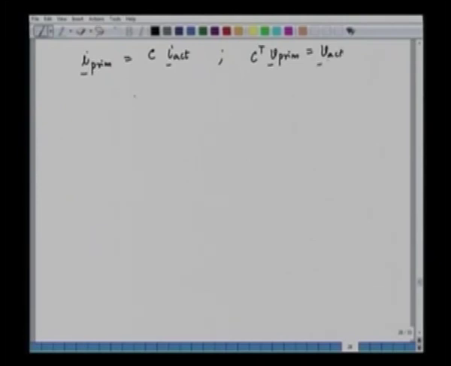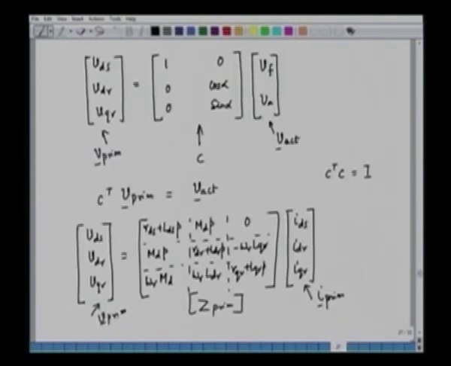And we also have V primitive is equal to Z primitive into I primitive. This we have already derived.